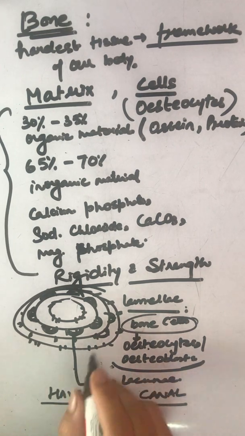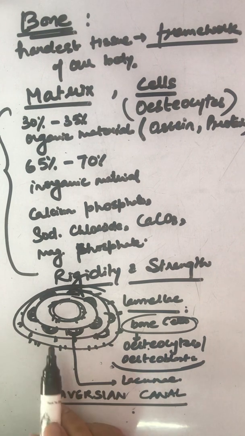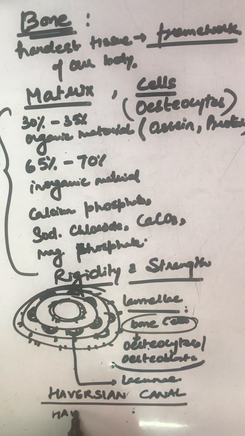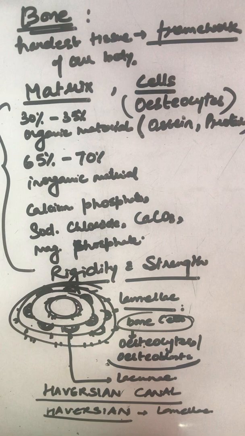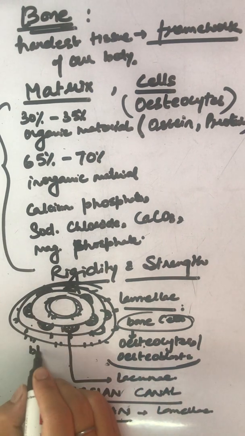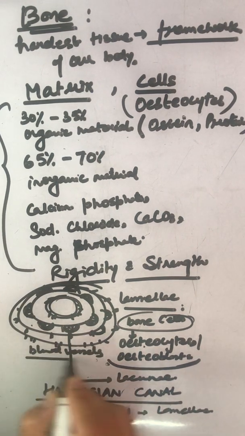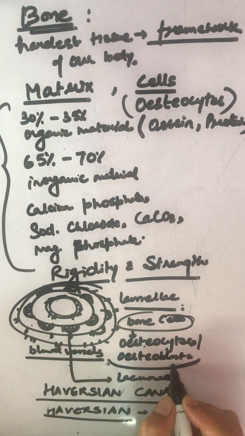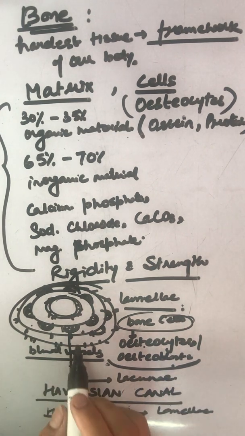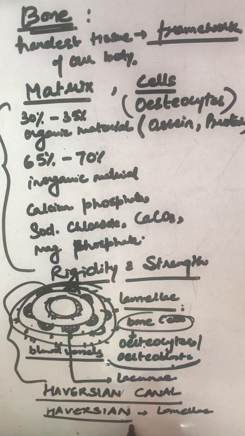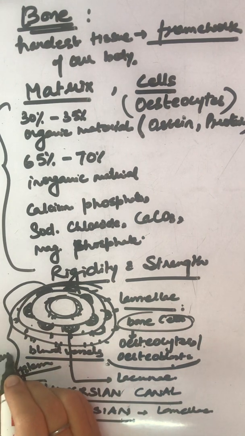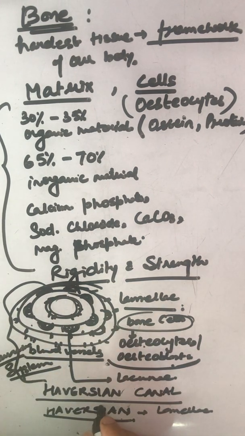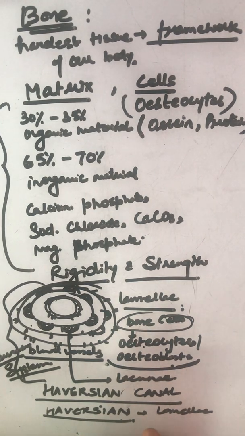The lamellae are arranged around these canals, in a system. The Haversian system means the lamellae are there, the blood vessels are there, osteoblast cells are there, concentric rings are there, and everything together forms the system. Which system? Haversian system. Fine. This is the structure of bone.